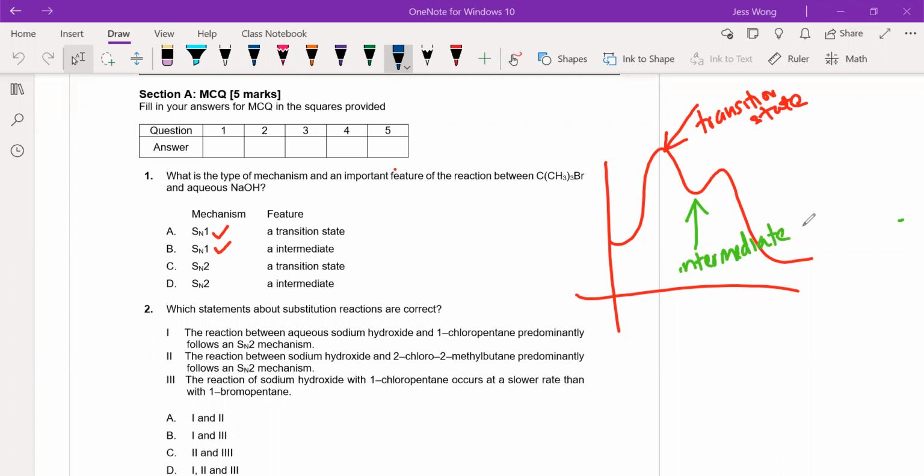So the SN1 mechanism involves 2 steps. The first step forms the carbocation intermediate, and then the second step, the carbocation intermediate undergoes a further reaction to form the substituted product. Therefore, the feature of an SN1 reaction will be an intermediate.